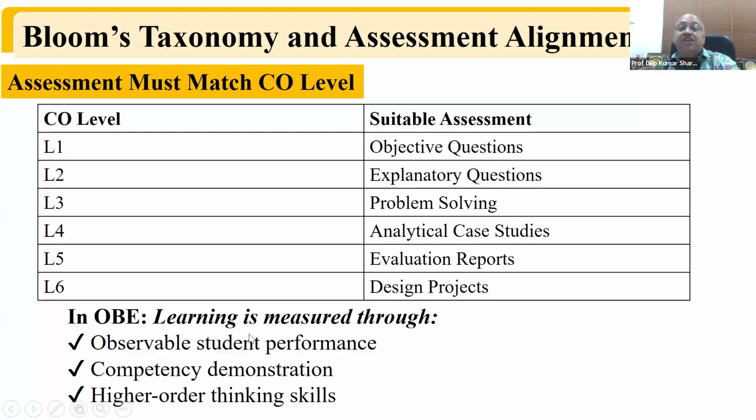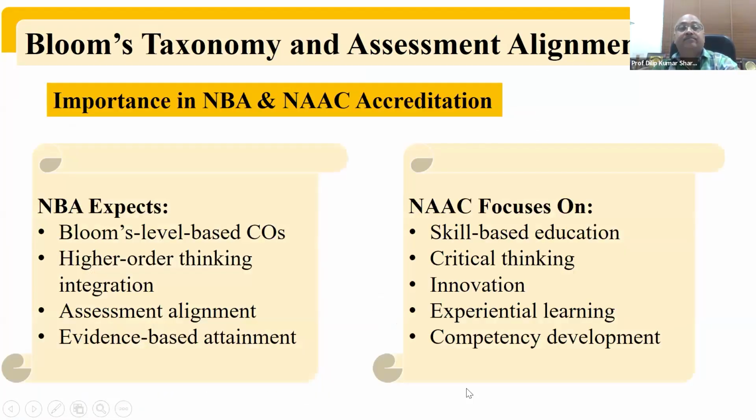So in outcome-based education, learning is measured through observable student performance, competency, demonstration, and higher order thinking skills. What is the importance of Bloom's taxonomy and assessment alignment? NBA expects Bloom level based course outcomes, and higher order thinking integration, like levels 4, 5, 6, should also be part of the assessment alignment.